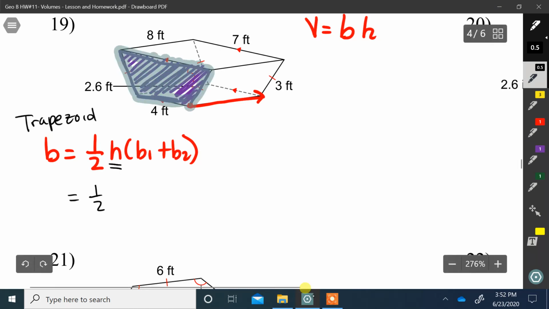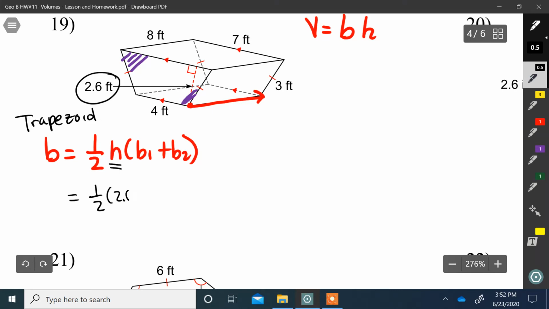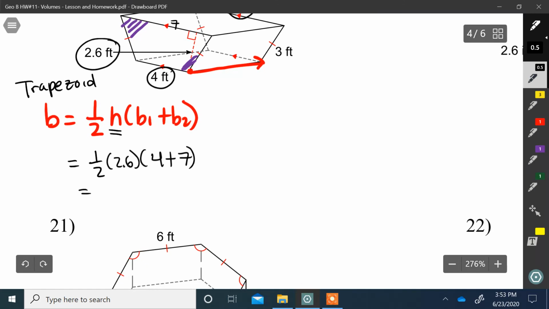I kind of erased it for you, but it's actually 2.6. Then base 1 will be 4, and base 2, if this is 7, this is also 7. That's going to give me the area for that trapezoid. So we have 2.6 times 7 plus 4, which is 11, divided by 2, which is 14.3.